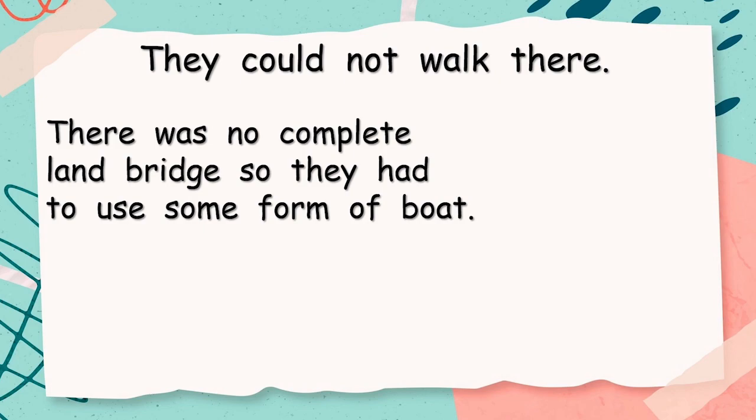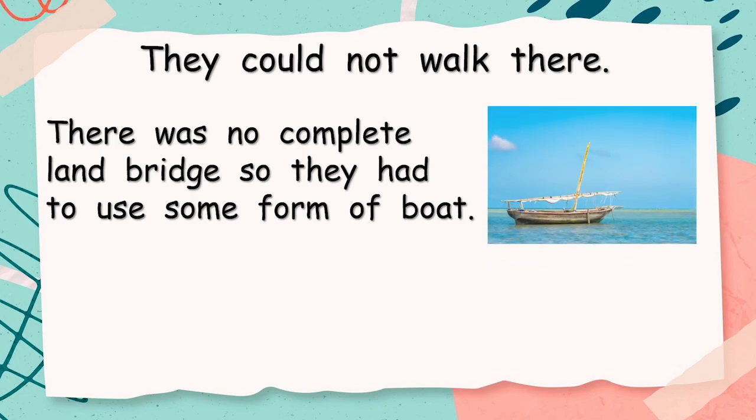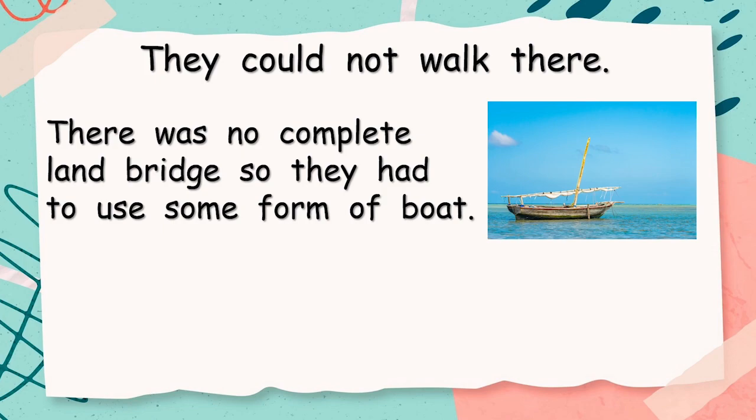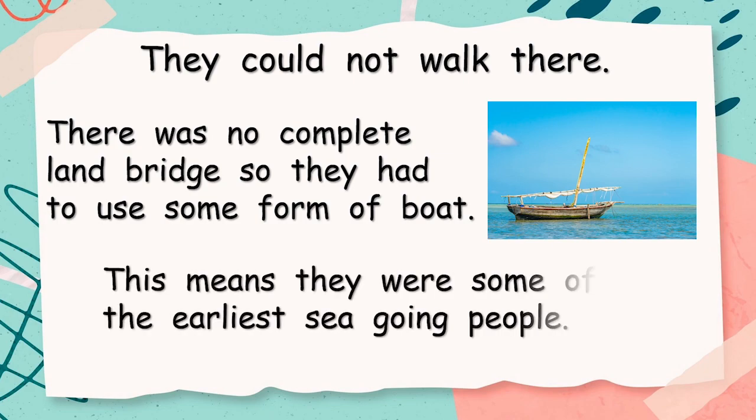So they had to use some form of boat. Now that sounds okay, but this means they were some of the earliest sea-going people. This is a bit incredible because they had to try and make a boat, something that no one had seen before.